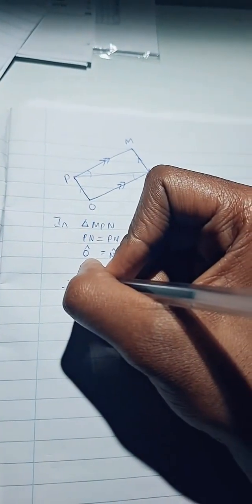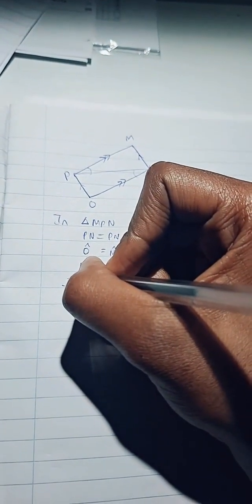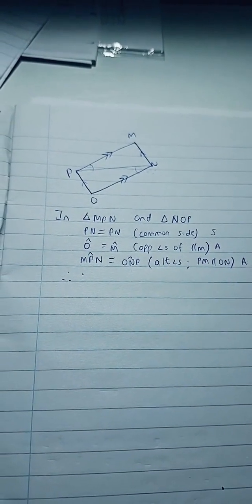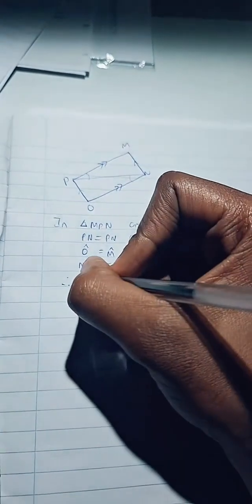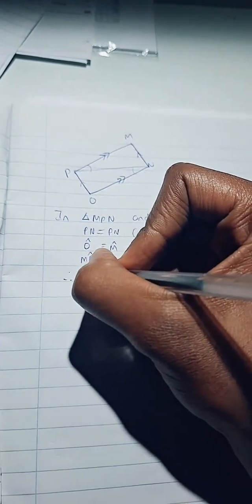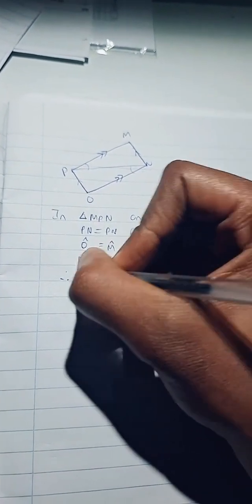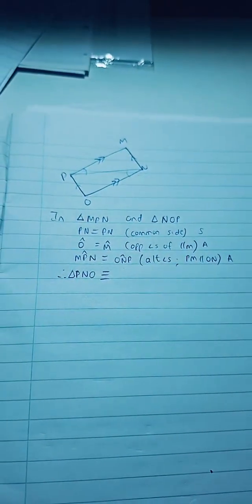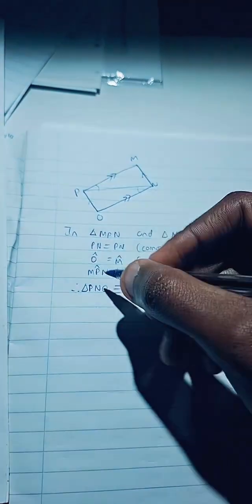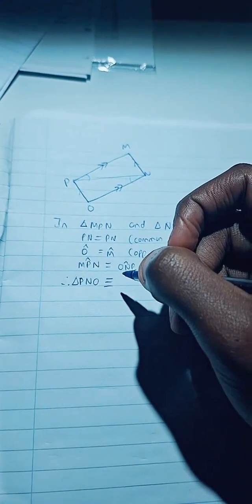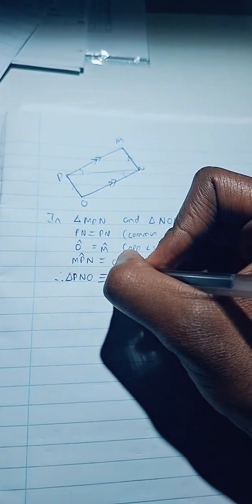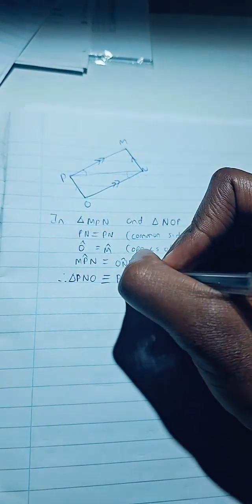Very easy. Very, very important. That means triangle PNO is congruent to triangle PNM.